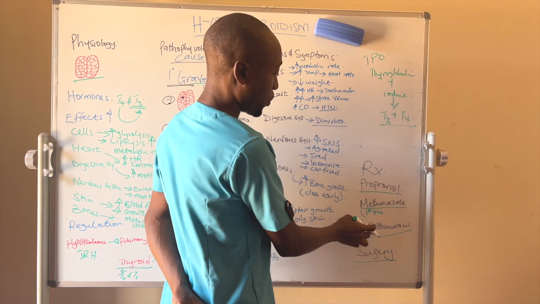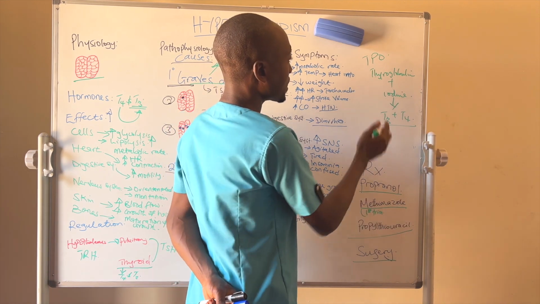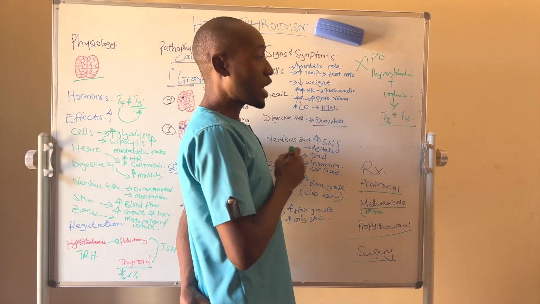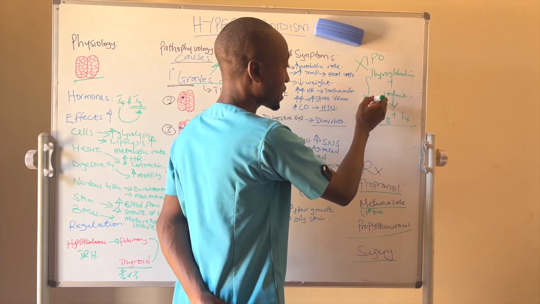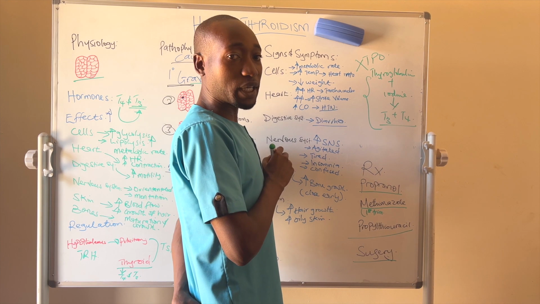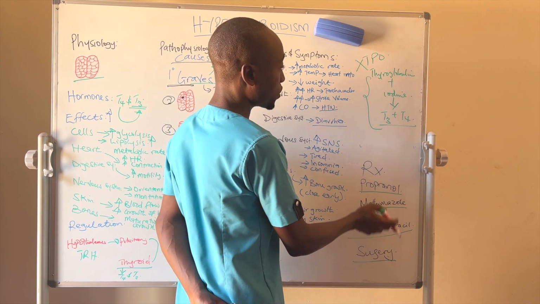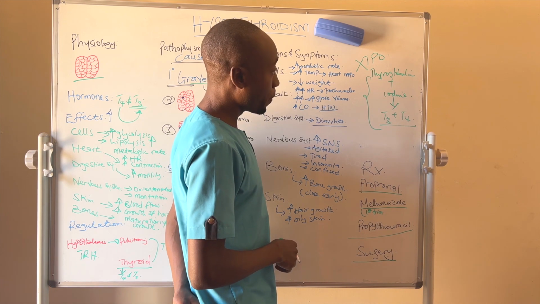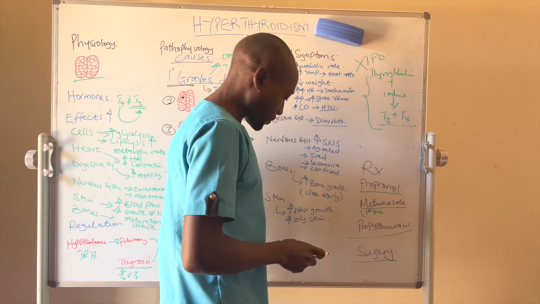So what propylthiouracil does is that it blocks this enzyme, and therefore you do not have this iodination taking place, okay? And in addition to that, it can also work in the same way as the other two drugs that we have looked at.